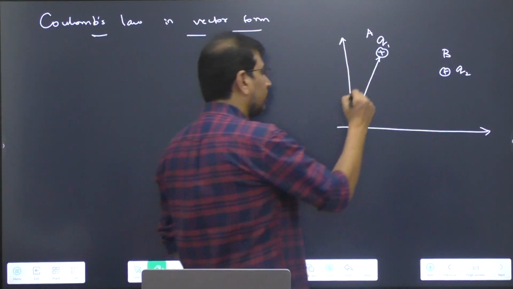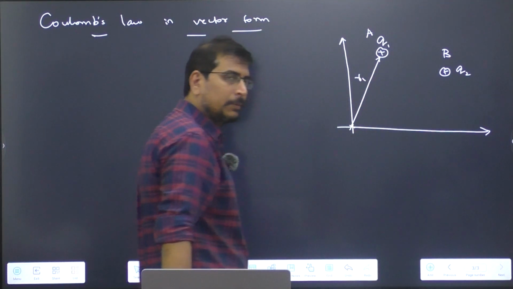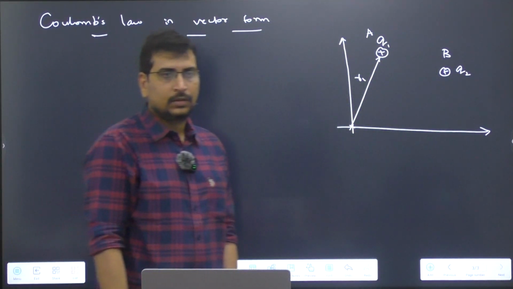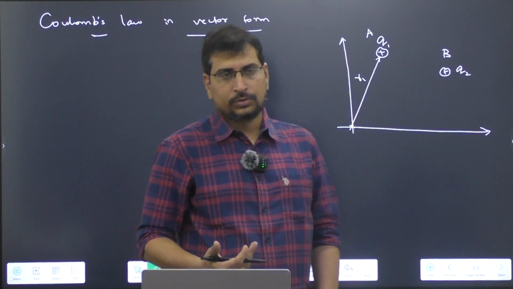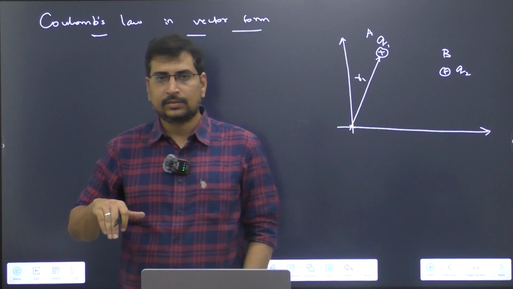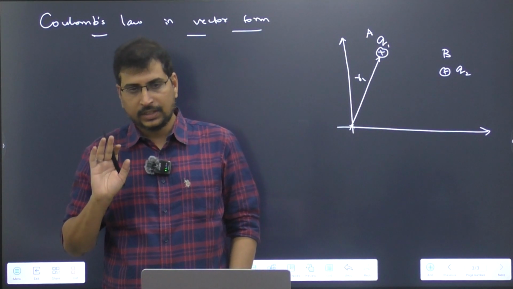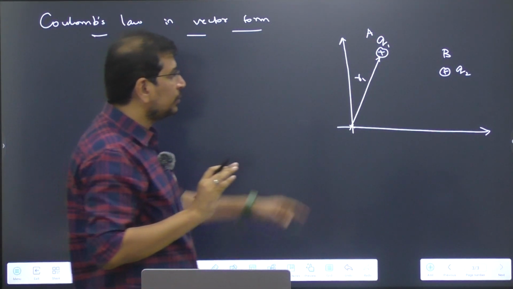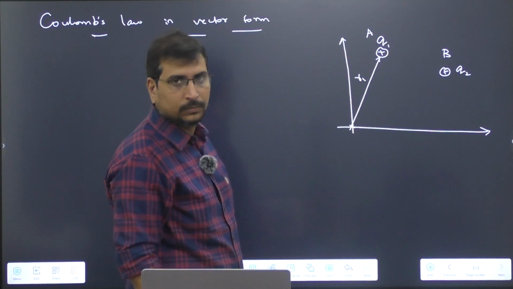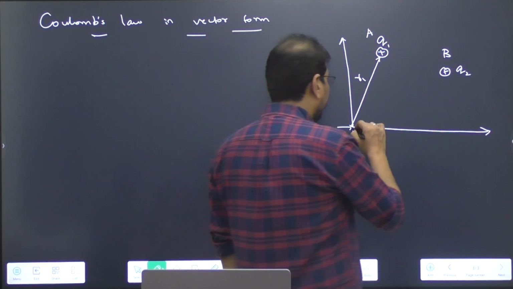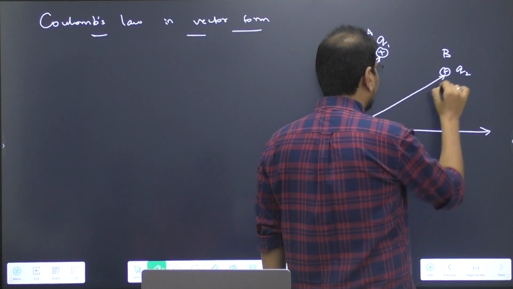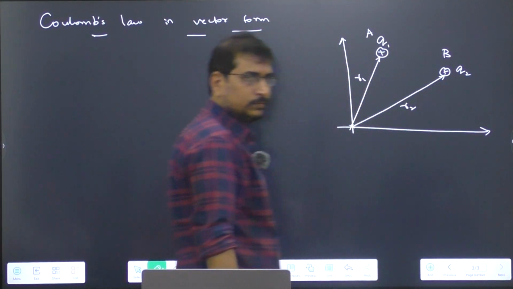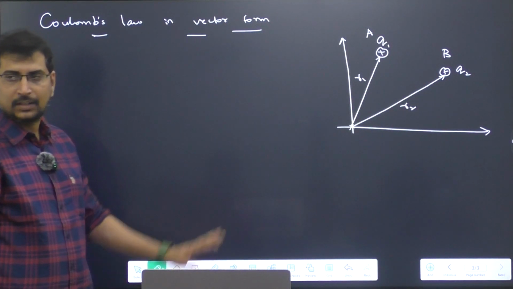So you know what is the position vector, right? Can someone tell me what is the position vector? Any vector whose initial point is origin is said to be a position vector. So the position vector of A is R1. Similarly for B, let me call it R2. Have I cleared in this one?